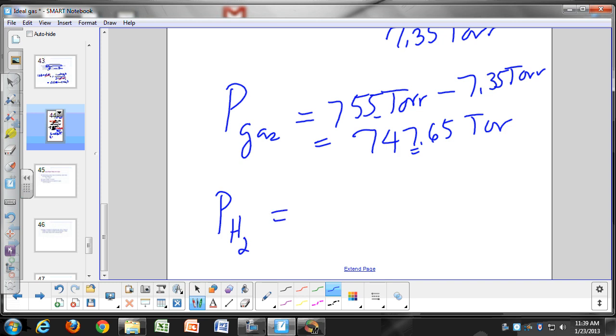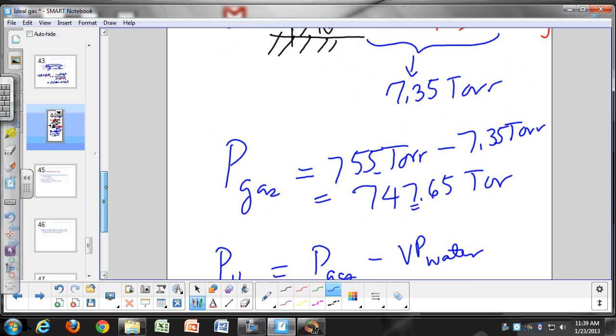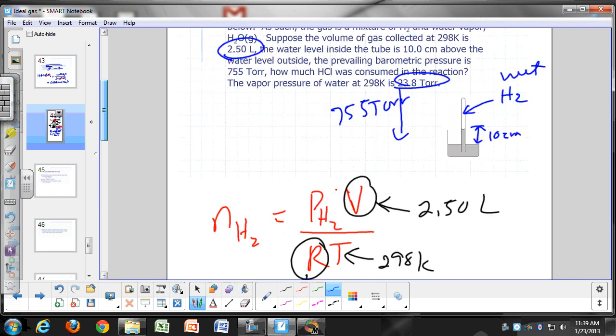What's the partial pressure of the dry gas? What would I have to do? Subtract the vapor pressure of water. So it's going to be the pressure of the gas minus the vapor pressure of water. And so the pressure of the gas is 747.65 minus the vapor pressure of water, which was how much? 23.8 torr.